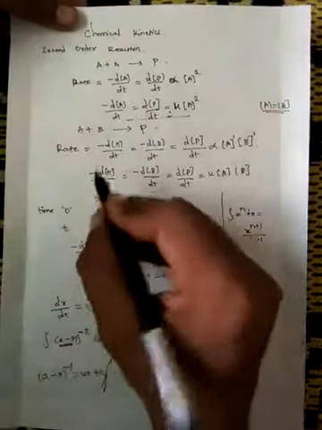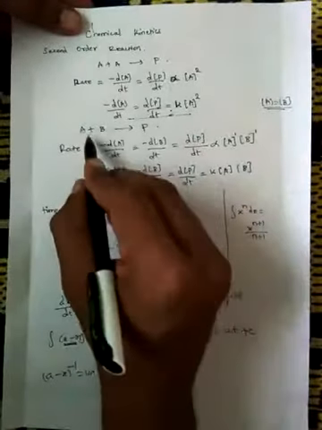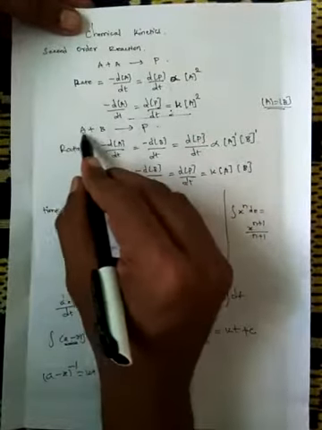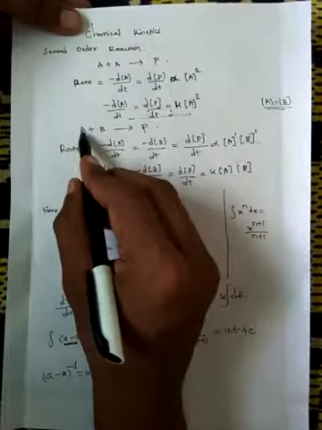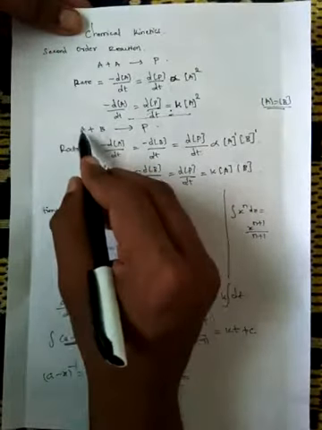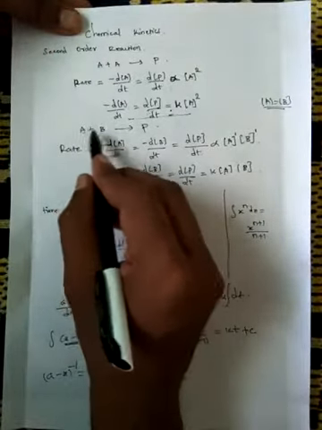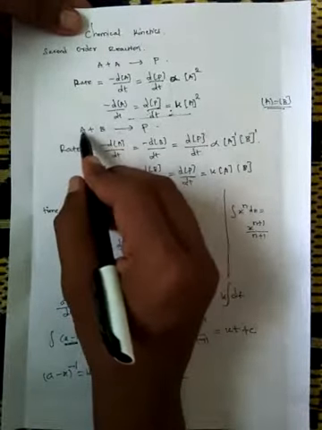Okay, then next I'm going to derive a rate constant equation for this type of reaction where the reactants are different, or the reactant concentrations also will be taken. It's not the same.